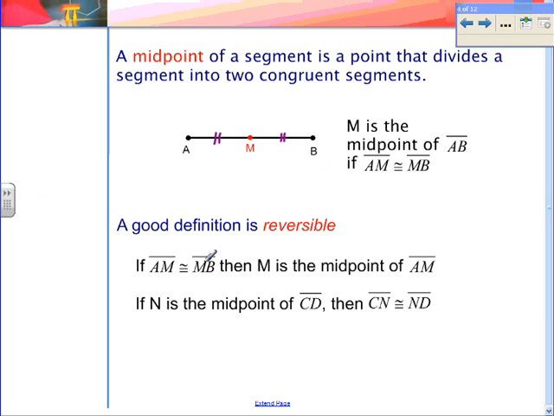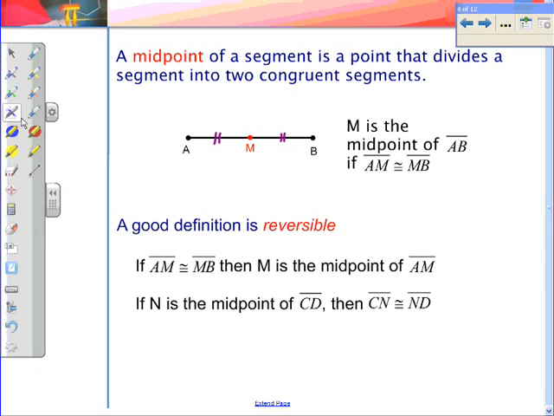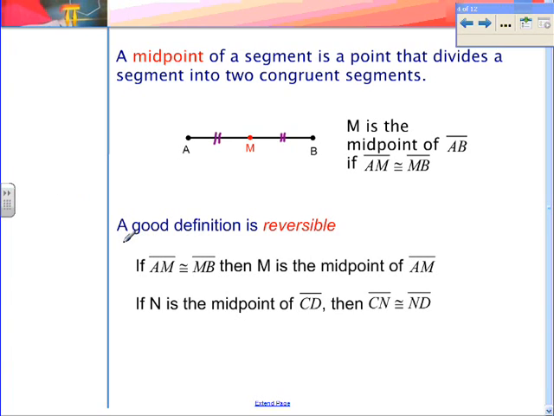Another thing that you want to look for in a good definition is a definition that's reversible. And we'll talk more about this later in one of our other units. But we want to be able to switch around what comes after the if and what comes after the then. So here are two different ways of defining a midpoint. One way you could say, if segment AM is congruent to segment MB, then M must be the midpoint of segment AB.